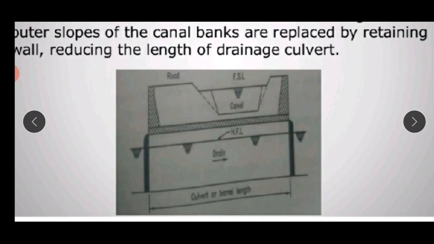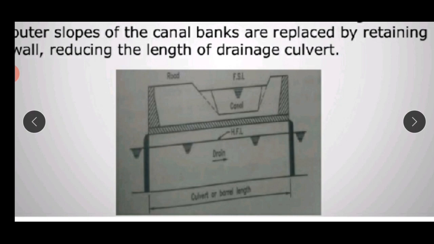You can see over here these are the retaining walls, thereby reducing the length of the culvert barrels by that extent. So this is about type 2.